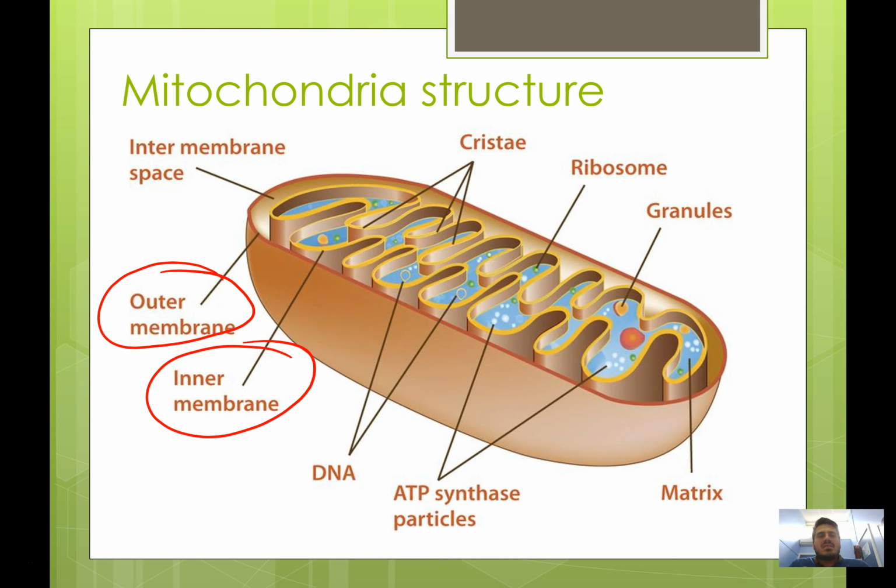That inner membrane folds in and out and in and out, and each time it does that, it forms what we call a cristae. The fluid inside the mitochondria is called the matrix. And just like chloroplasts, mitochondria have some DNA and some ribosomes, which means they can make their own proteins. Cool.